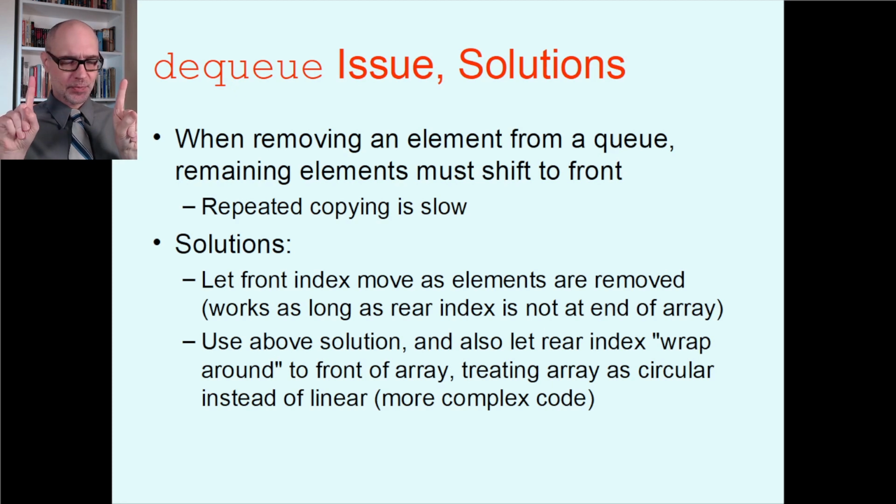But the problem is if you do a bunch of DQ operations, your front is going to move to the back end of the array, and then you're not going to have any room to put any more stuff. At some point, the front actually hits the end of the array, and then you're out of luck because you can't put anything in there anymore. So for a limited use case, that might be okay, but obviously you're going to get stuck at some point.